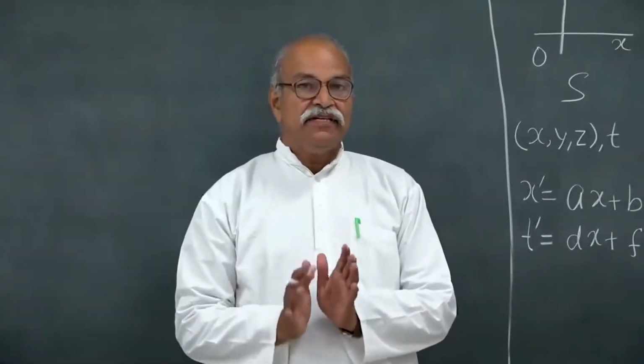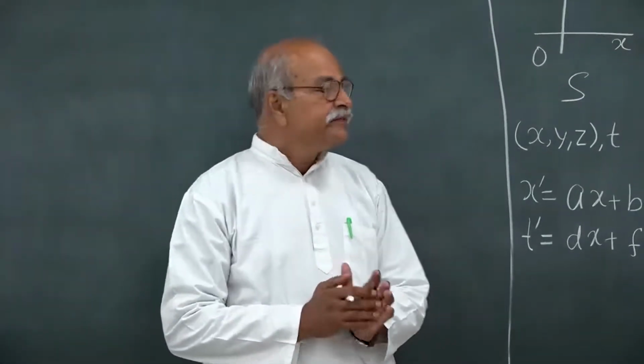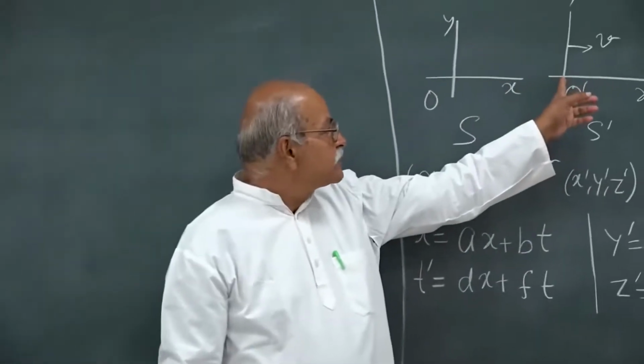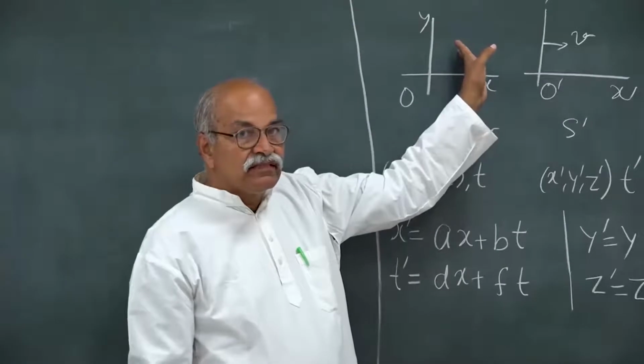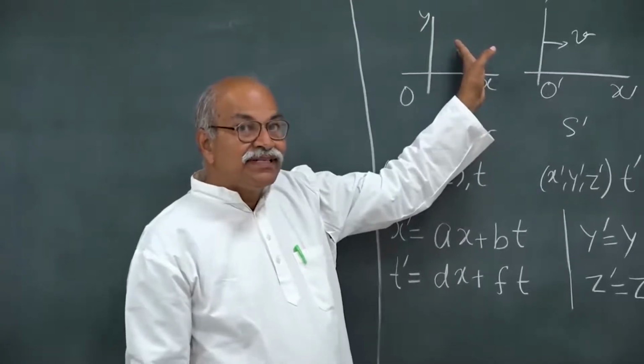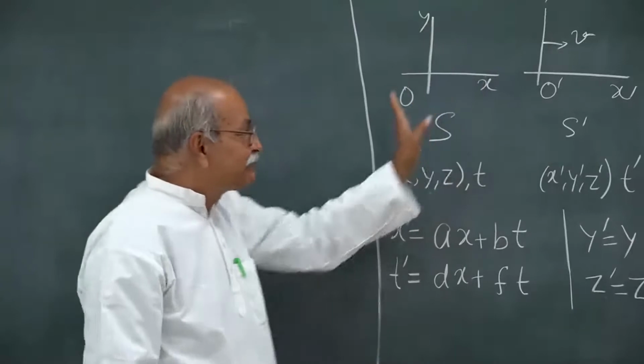So, the first event I consider is an event which has taken place at time t and position x equal to vt.